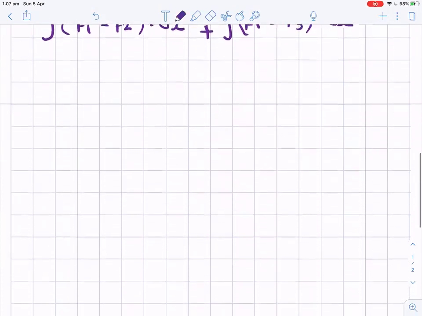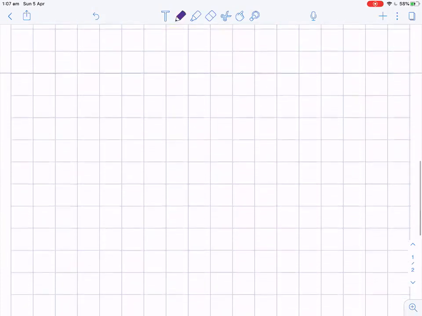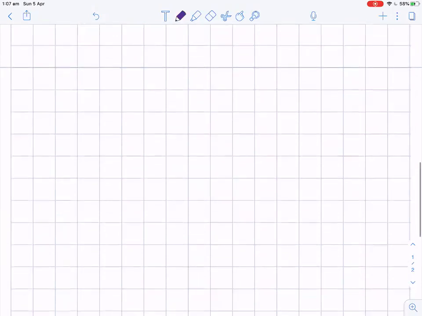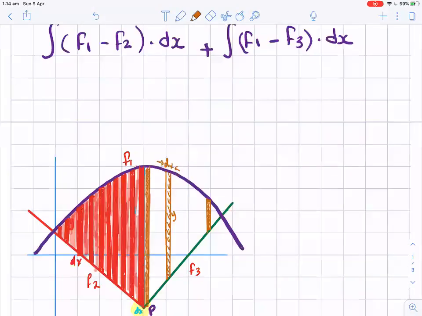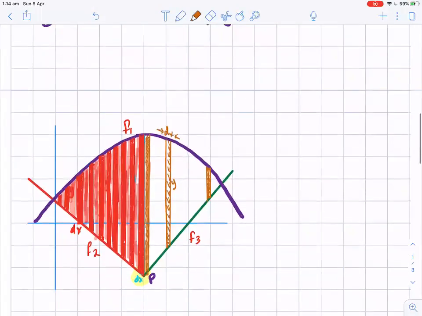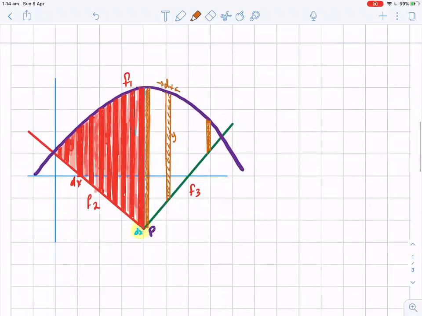So if we have the curve, again, very similar, the same shape as what I did above, I'm just going to draw this now. In this example, we have F1, which is the curve, and F2 is the line here. I put the same colors as the example I explained earlier, and F3 is the other line.